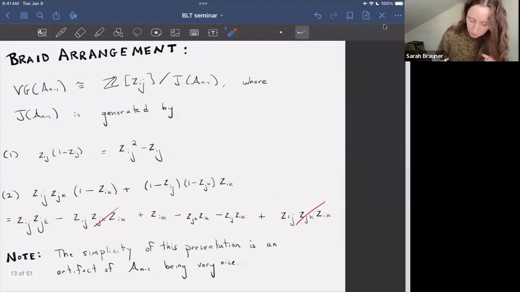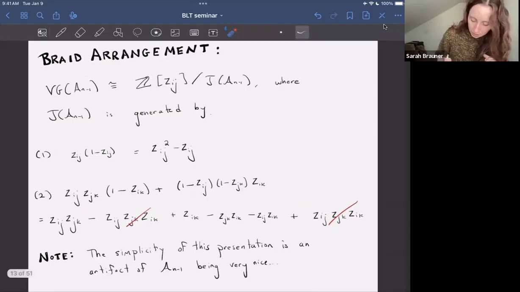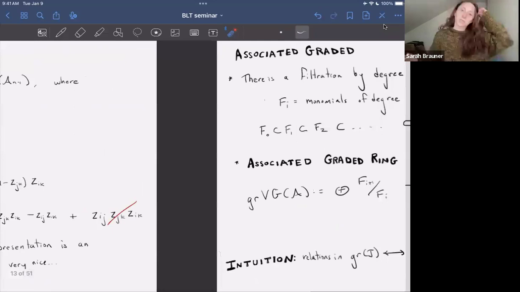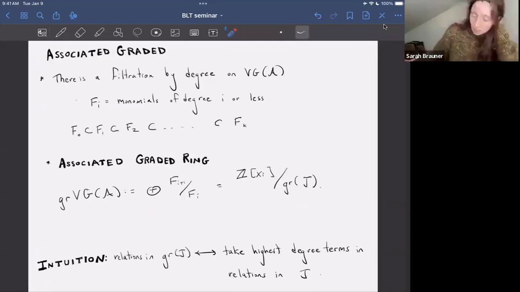Okay, so this is not a graded ring, right? These relations are not homogeneous. But there is a way to turn this into a graded ring, and that's how we get the associated graded. In particular, there's going to be a filtration on this Varchenko-Gelfand ring.